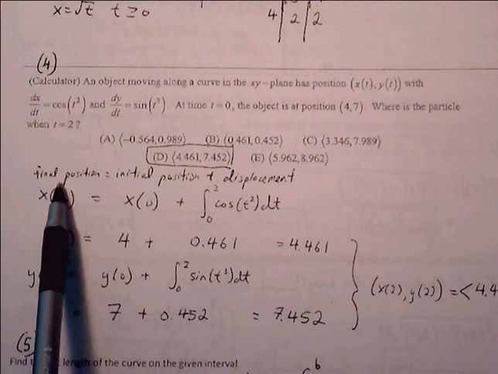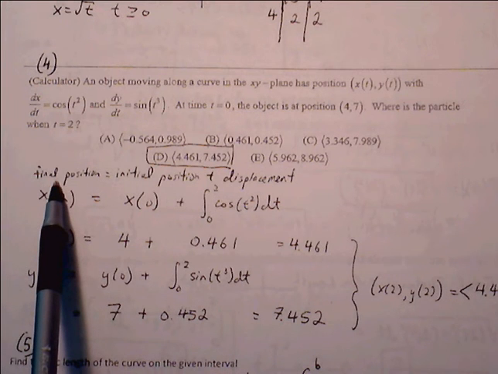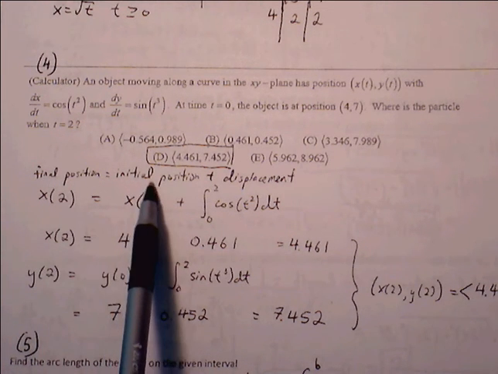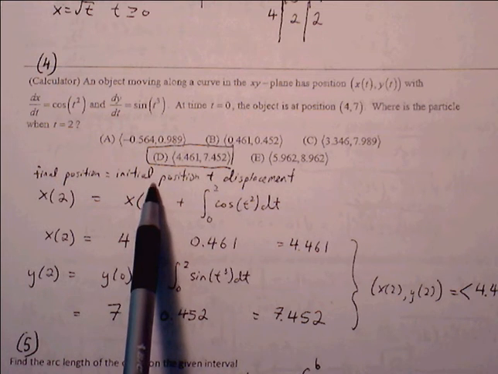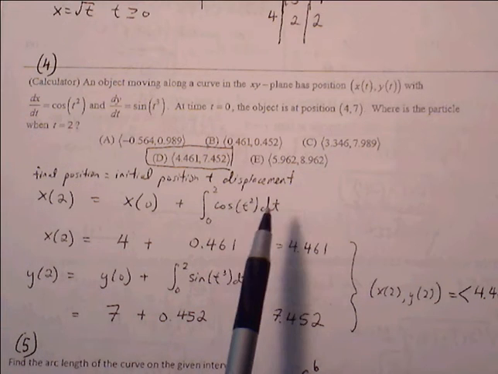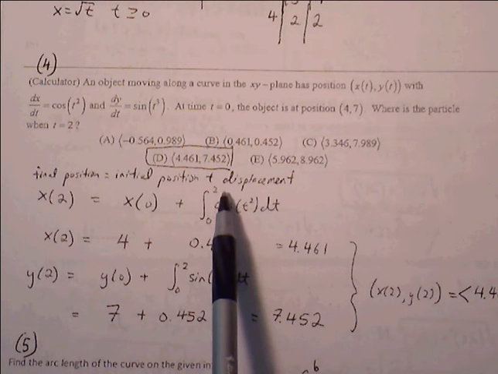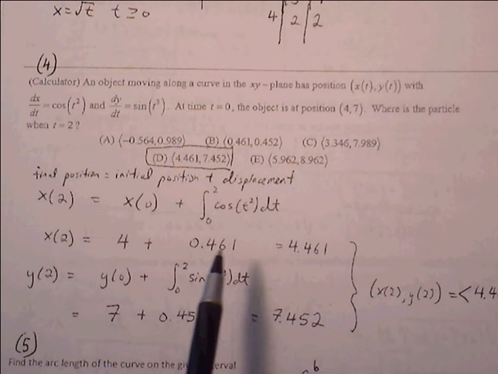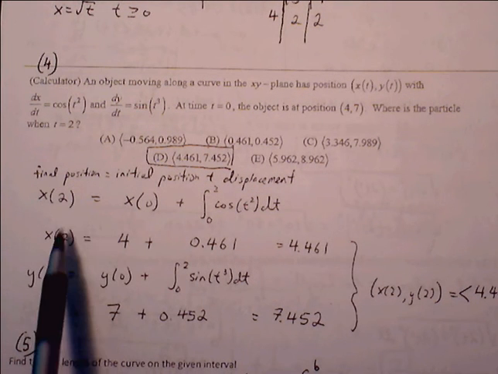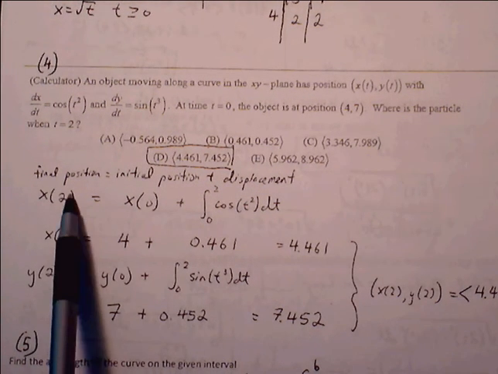Anytime we want to find the final position of a particle or object, we always start with the initial or given position, and then we find the displacement. Displacement a lot of times is simply the accumulation of the velocity over a course of time. So we have x and y, horizontal and vertical components.